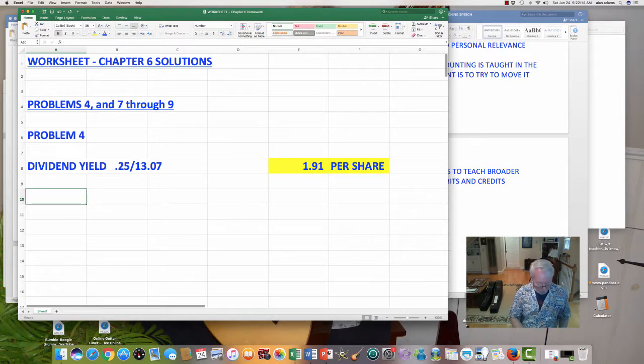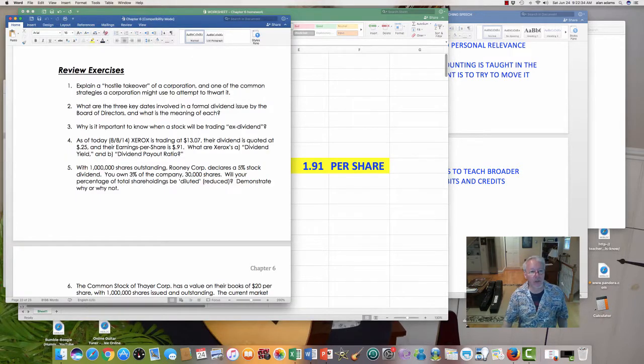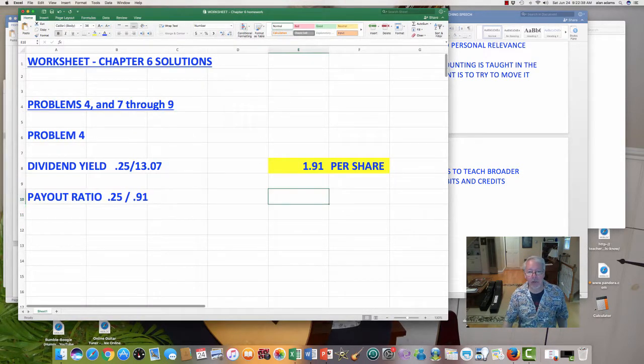So in this case, the dividend payout ratio is going to be a matter of taking how much they pay out, which is 0.25, and dividing that by the earnings per share, which I think it said was 0.91. Let's go back and check those numbers because I just have these scribbled in the margin of my book. Yes, those are accurate. So let's math it out.